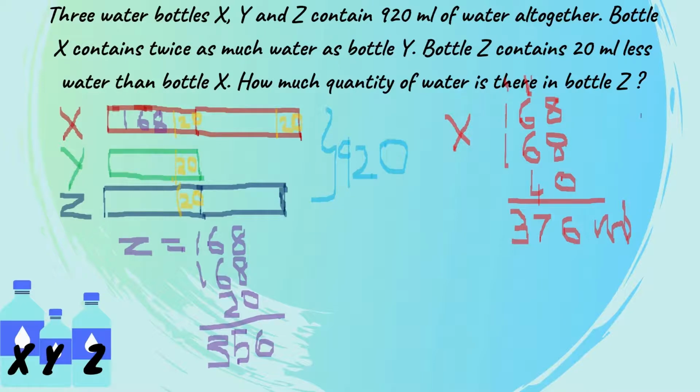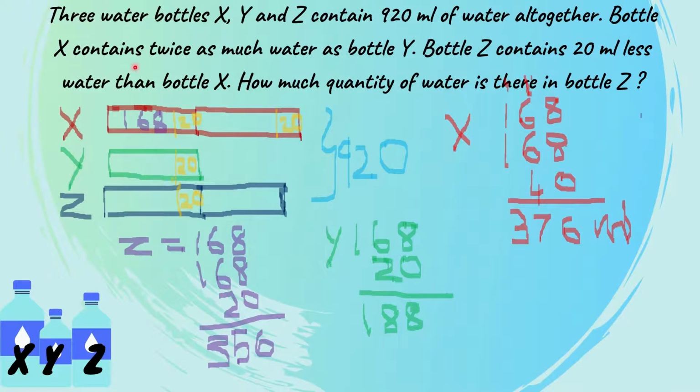Now let's move on to Y. Y has only 1 unit and the imaginary extra 20. It is 168 and just the 20, which when added is 188, right?